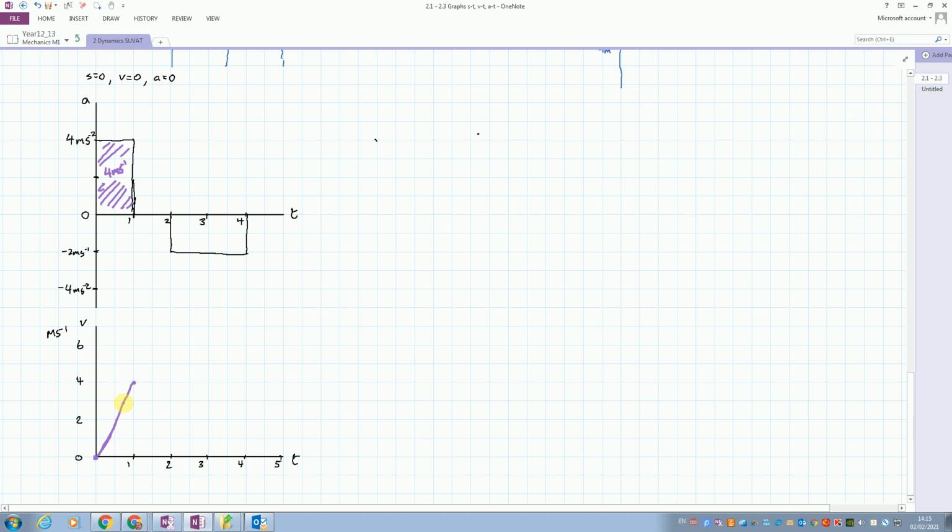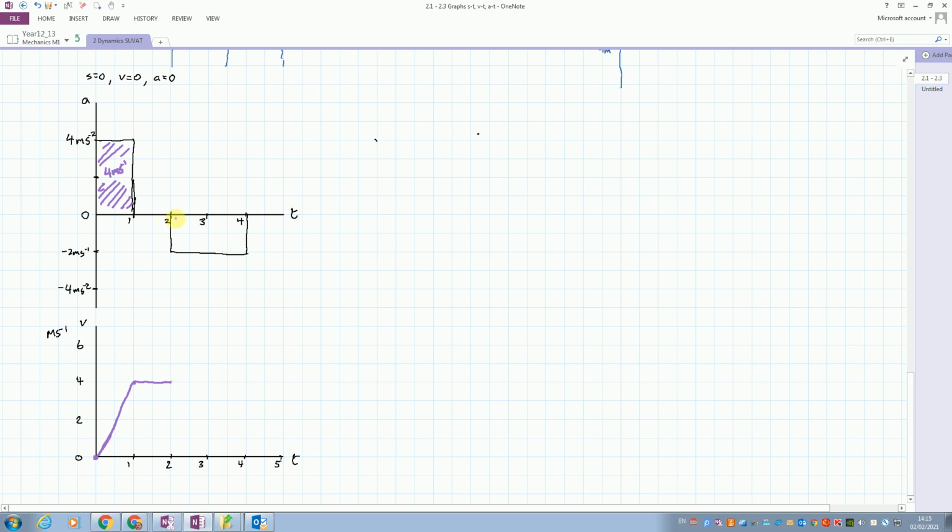to that point. Then the next phase, from 1 to 2 seconds, there is no acceleration. That doesn't mean there's no speed or velocity, but the acceleration has dropped to nothing. So the velocity stays constant. It's horizontal.